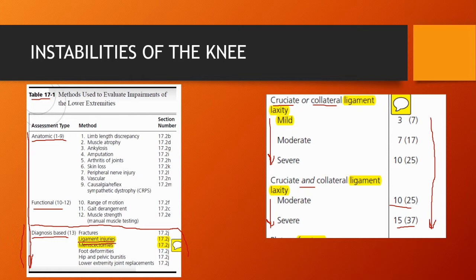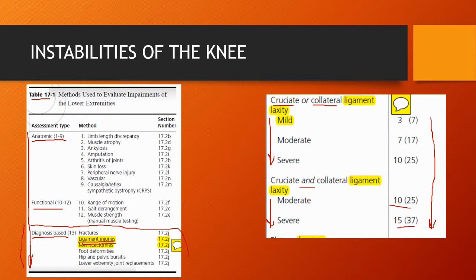Well, one of the philosophies of today's discussions and one of the principles I want you to take with you into your very next physical examination with your examinee is that many times these knee ligamentous injuries rarely occur in isolation.